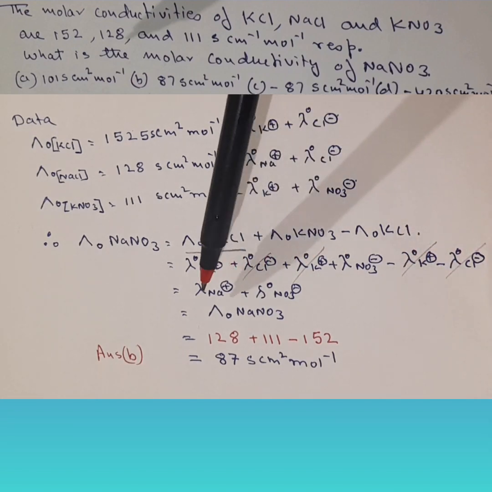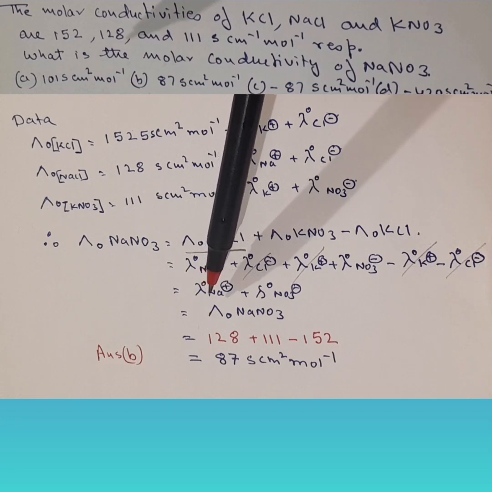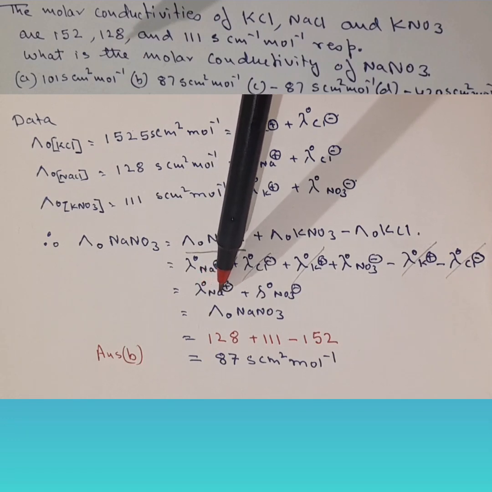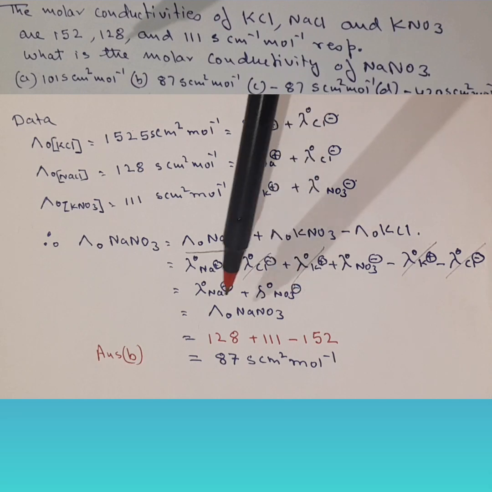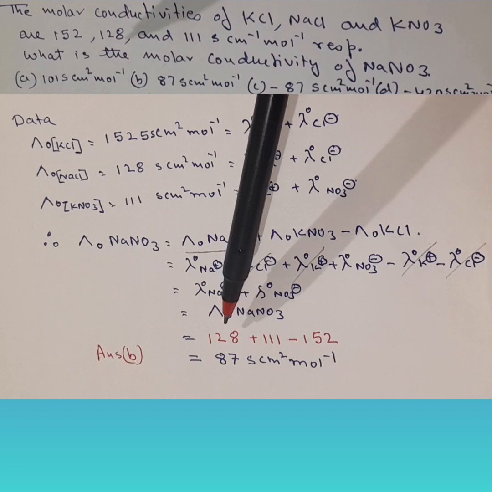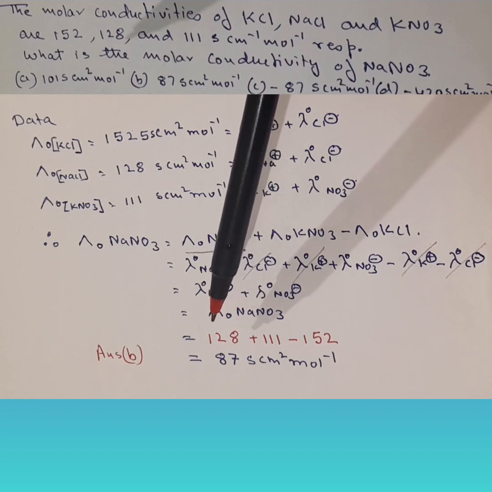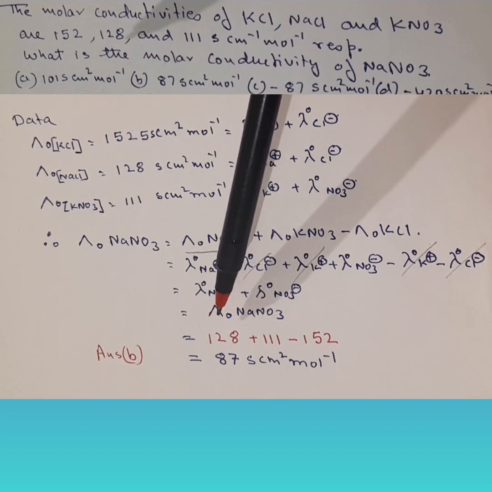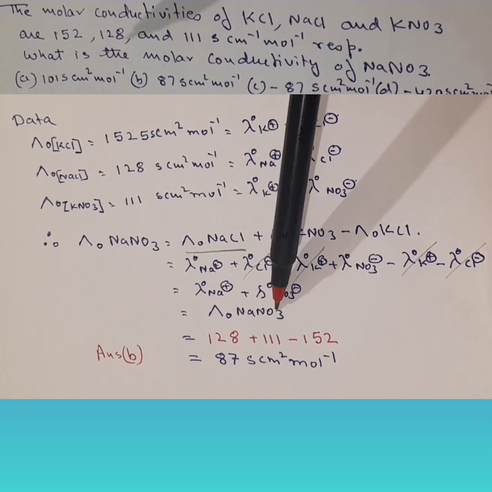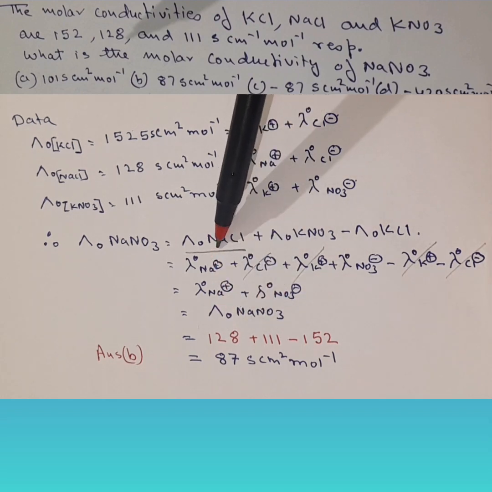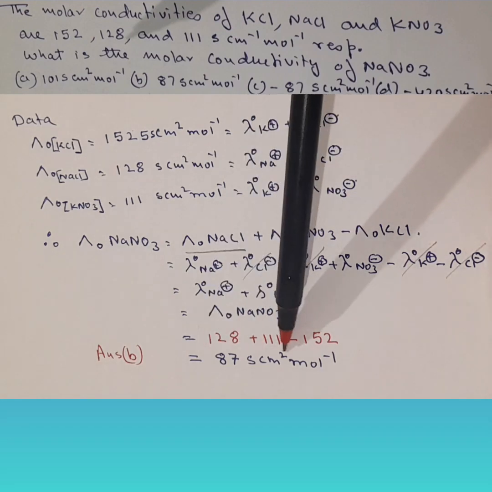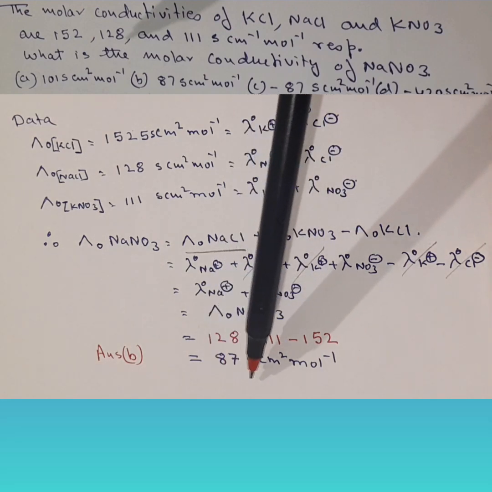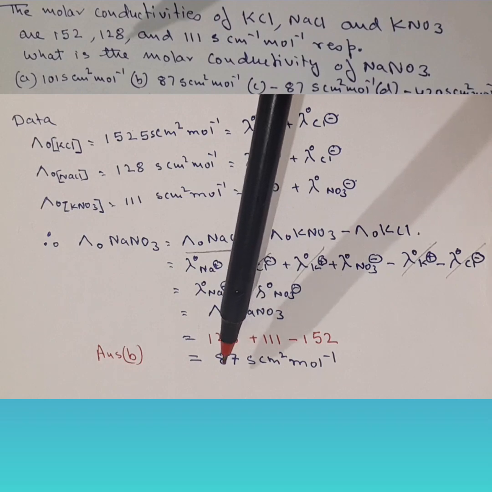What I am left with is the molar conductivity of Na plus and the molar conductivity of NO3 minus. That itself is the molar conductivity at infinite dilution of NaNO3. So we substitute the respective values, and when we calculate, we end up with this value. So the answer is B.